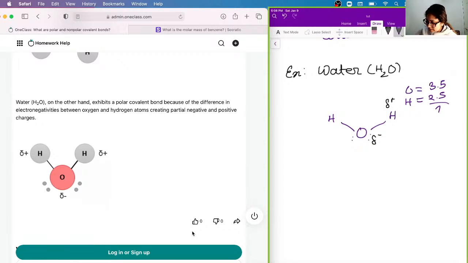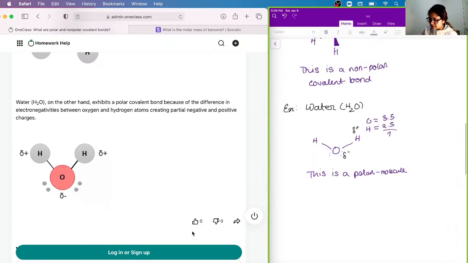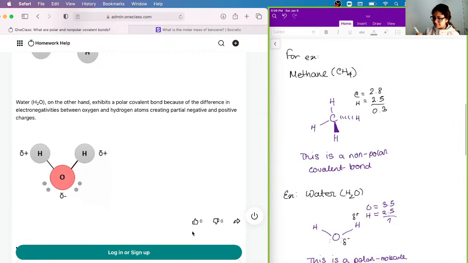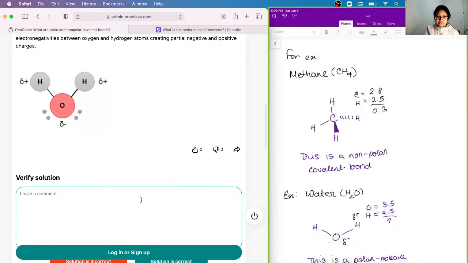And so this is a polar molecule. That was the difference between polar and nonpolar, basically where you have electronegativity included.